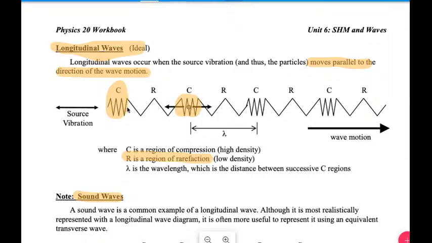And it'll continue to have this compression followed by rarefaction regions. So in compression we have a lot of air molecules squished together. In rarefaction we have low density, where there's only a couple that are more spread out.